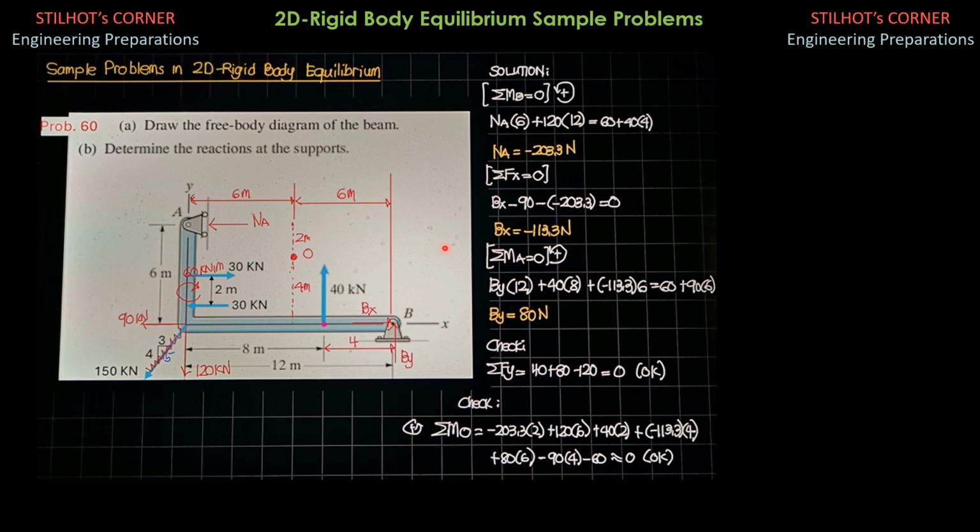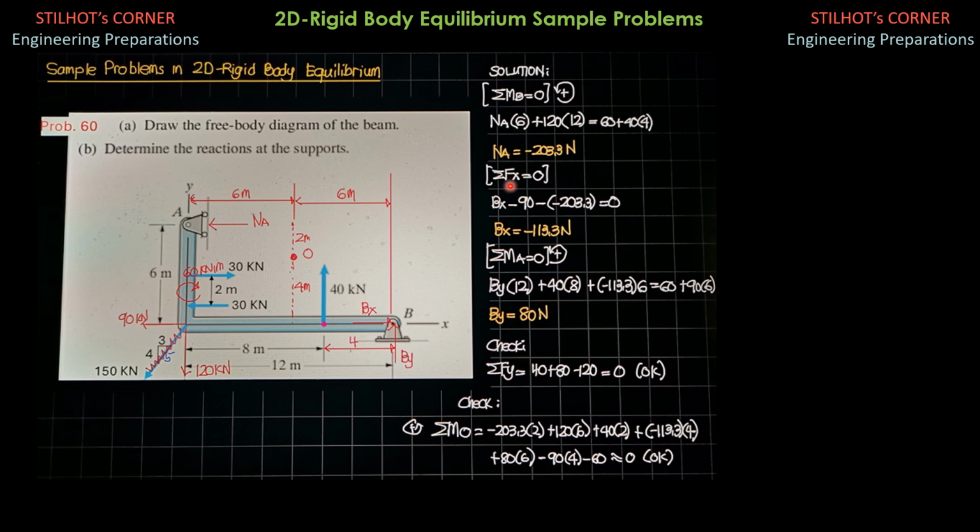And I will also check these answers by choosing this point O here so that all these given forces, including the calculated reactions, will be involved, so that if the moment about this arbitrary point O will be 0, that means all these answers are correct.